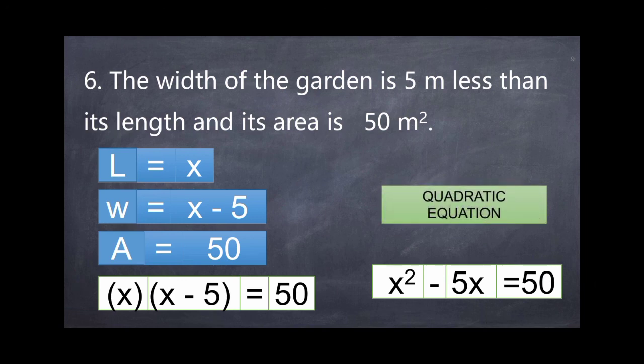Okay, hindi siya quadratic inequality. It is a quadratic equation. Okay, so yan ang ating lesson for today. Identifying whether a given expression is a quadratic inequality or not.